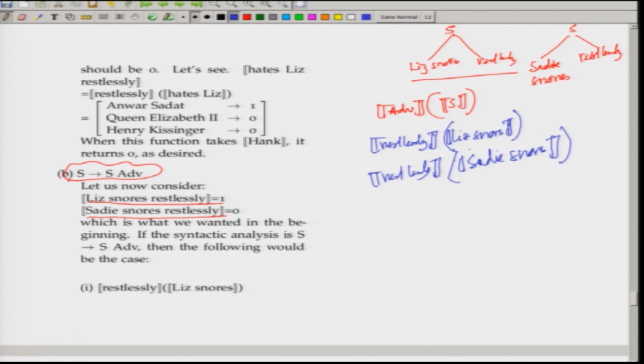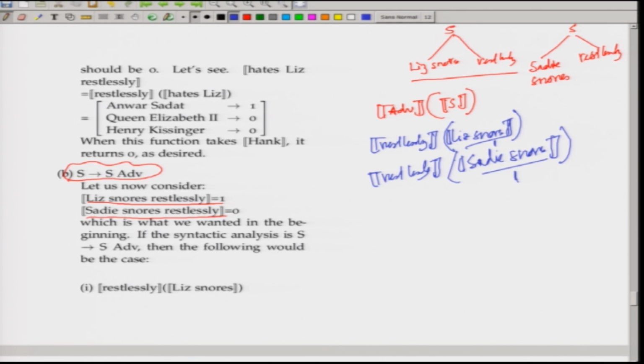Now, we know that the truth values of these 2 things are different. The truth value for Liz snores is 1, and the truth value for Sadie snores is also 1, because both Liz and Sadie snore.